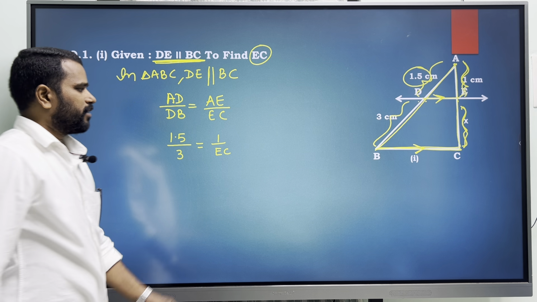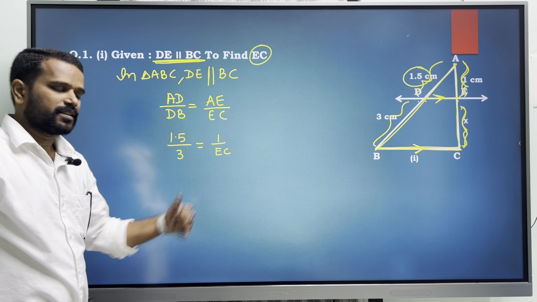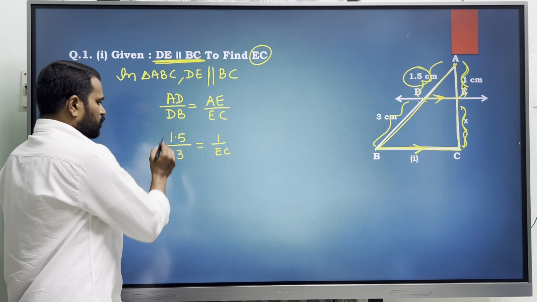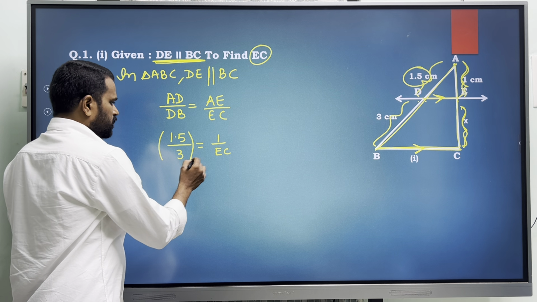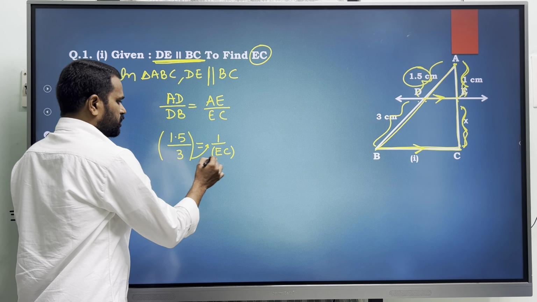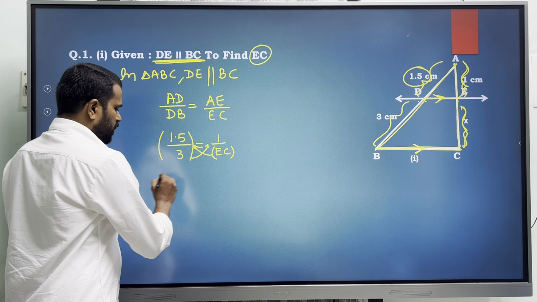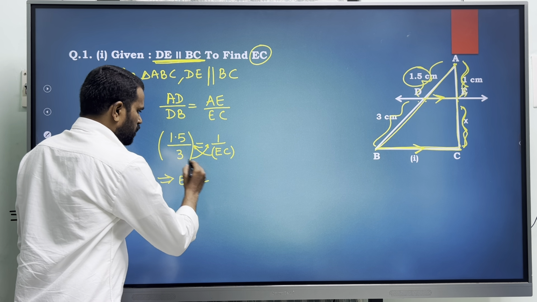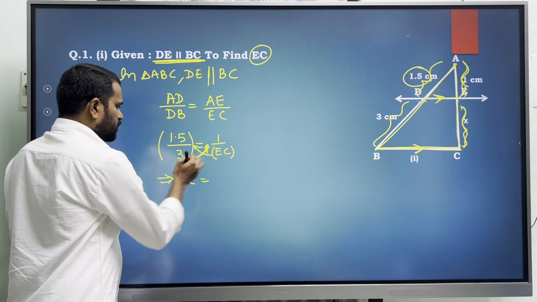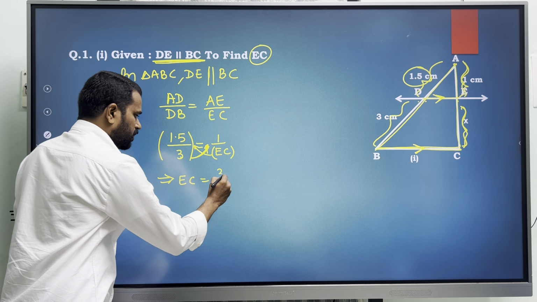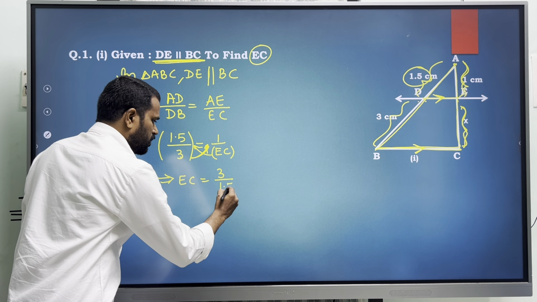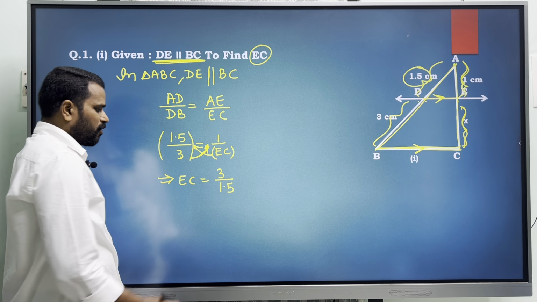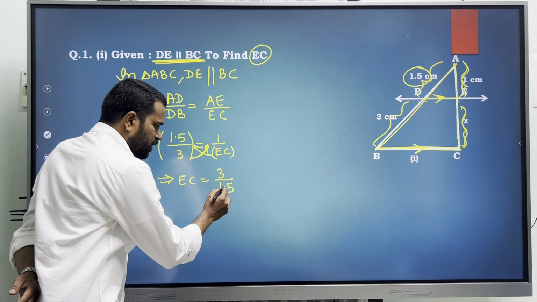We can put X or we can leave it as it is EC also, no problem. So what we will do is, this we will send to this side and this we will send to this side. So it becomes EC is equals to, when this goes to the other side, this gets reciprocated, right? This becomes 3 by 1.5.